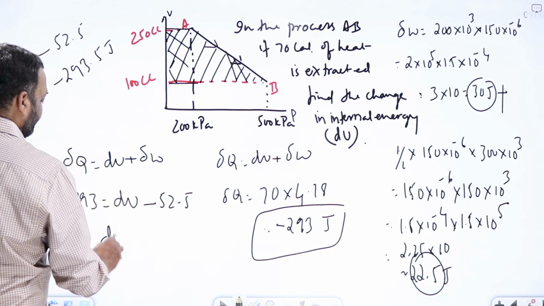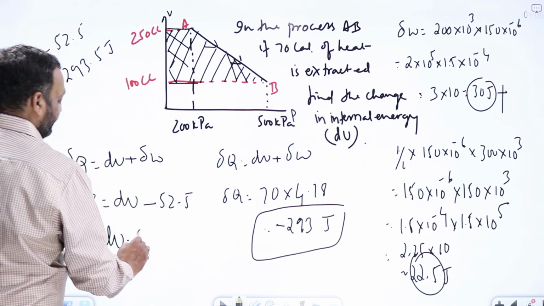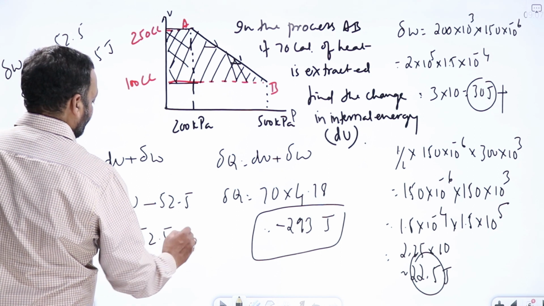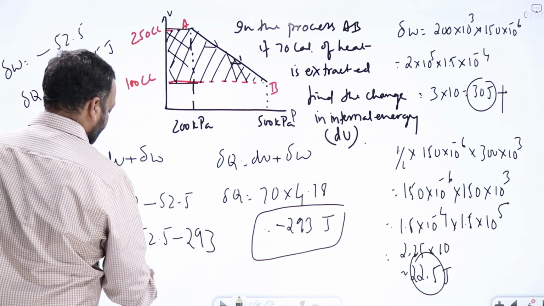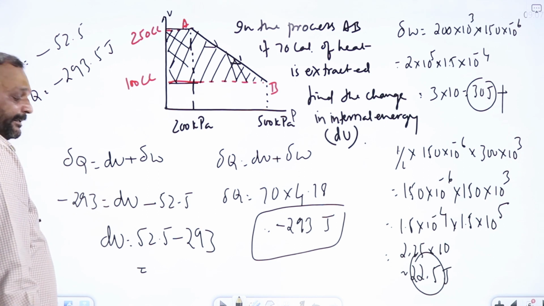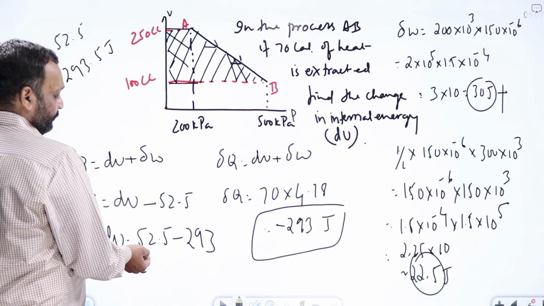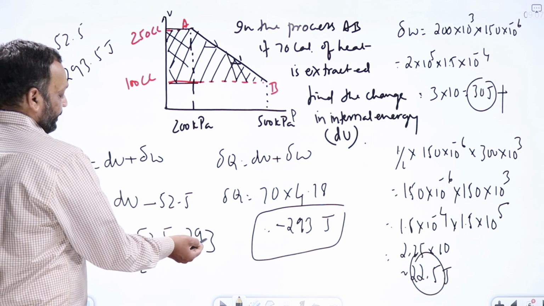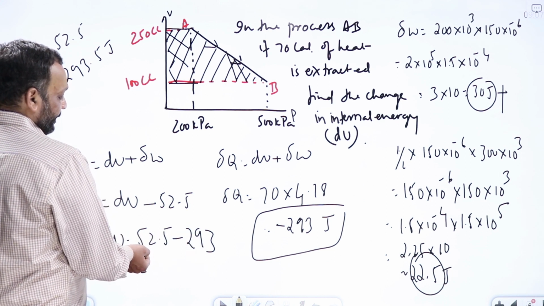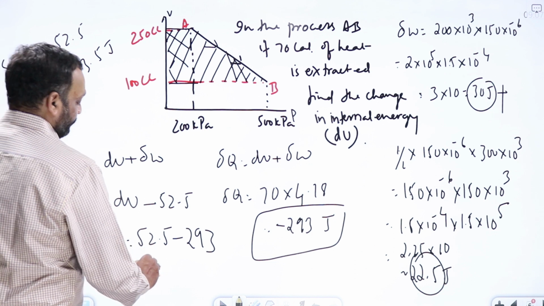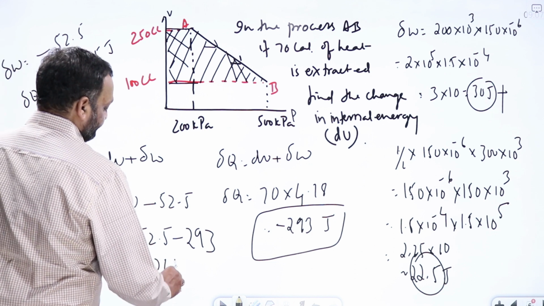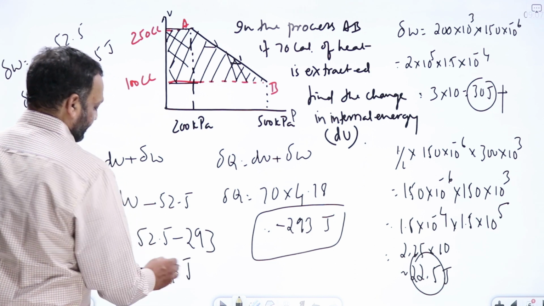That is nothing but dU equal to, bringing this to the side, 52.5 minus 293. 293 minus 50 is 243, minus 2.5, around 241 joules. Around 241 joules approximately I am writing here.